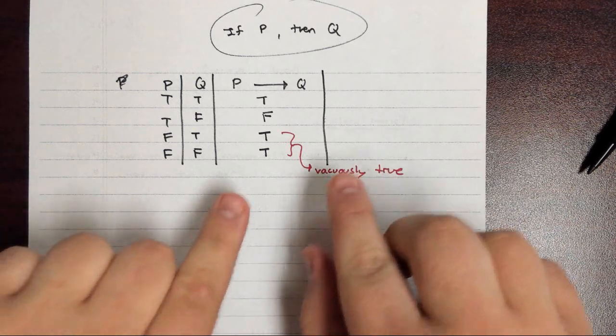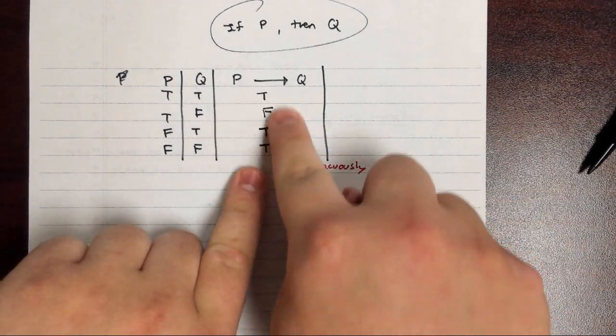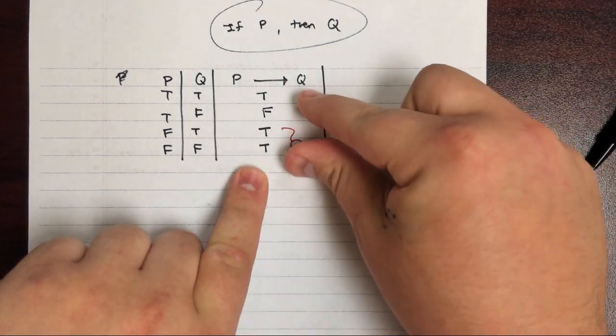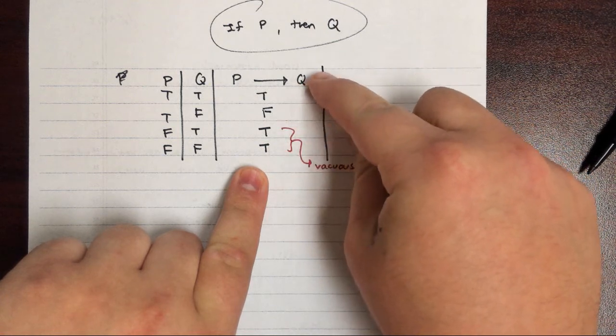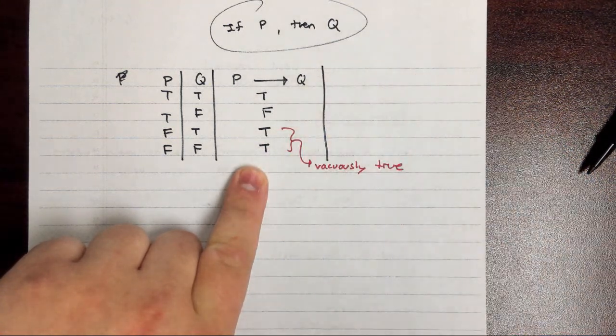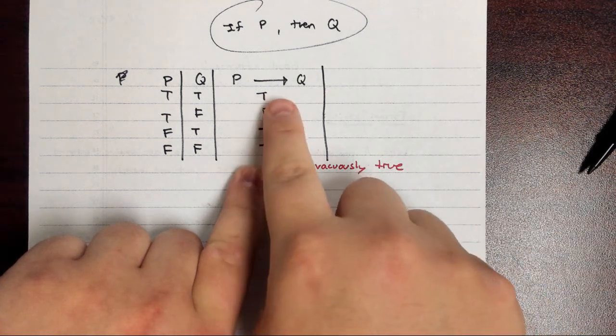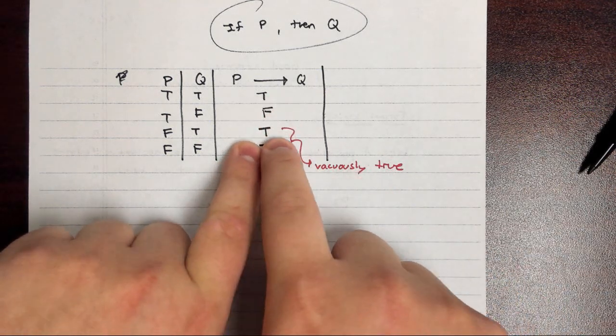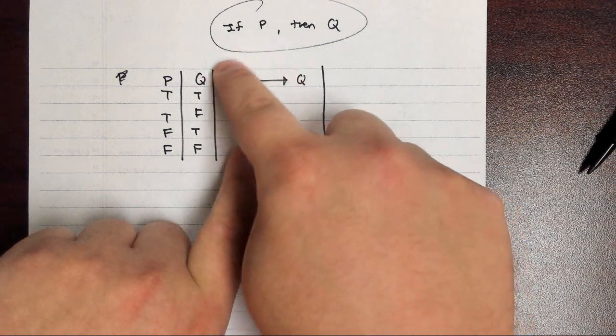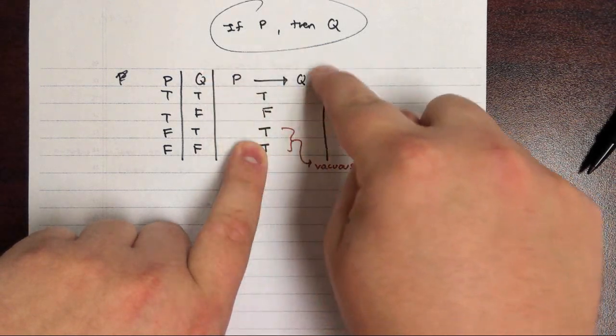Okay? So when we're talking about these truth values right here, these aren't the truth values of Q. These are the truth values of the statement if P, then Q. So I'm not saying right here that Q is true. I'm saying that this statement is true.